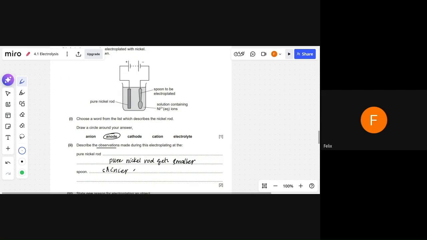You can also say shiny, or silvery. They will accept these correct synonyms.